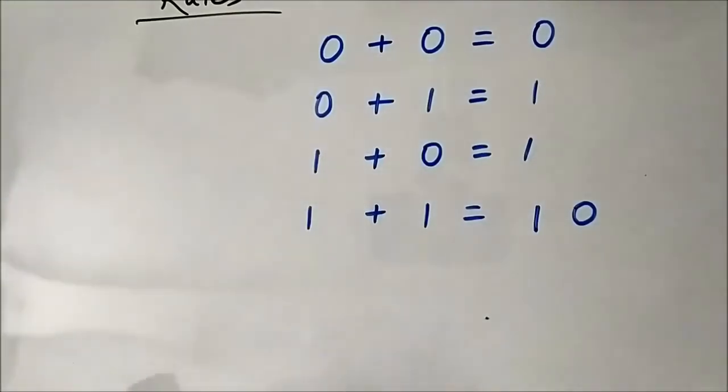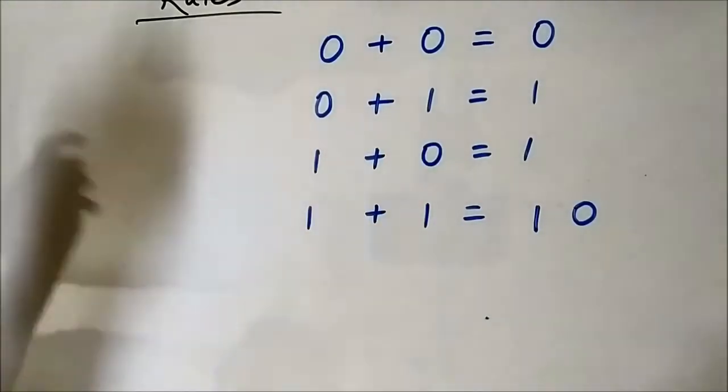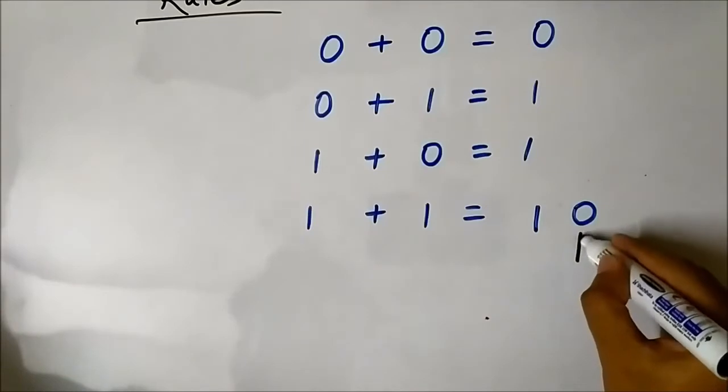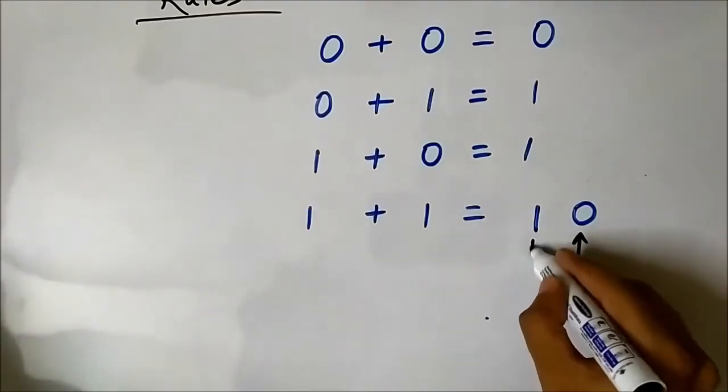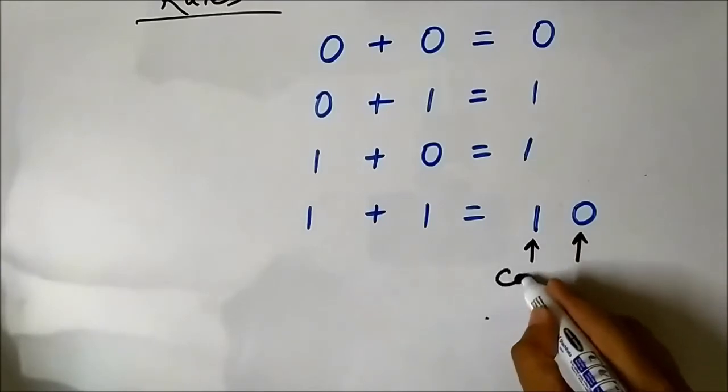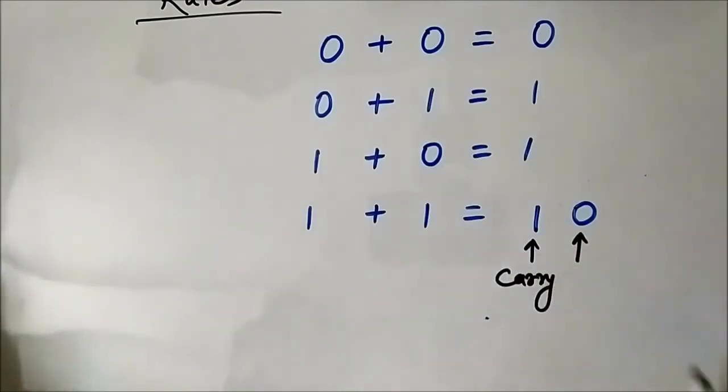So here the result in that bit position will be 0 and a carry of 1 will be generated to the next significant bit.